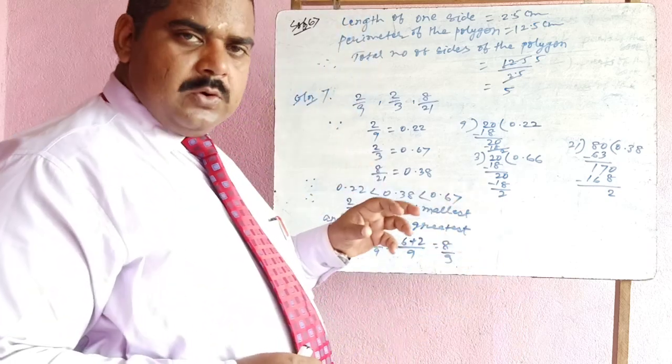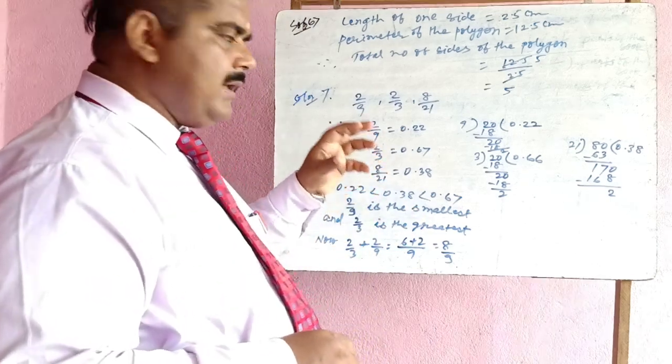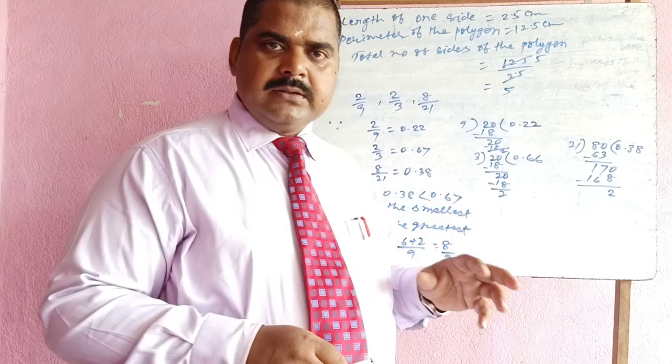In question 7, three fractions are given: 2/9, 2/3 and 8/21.